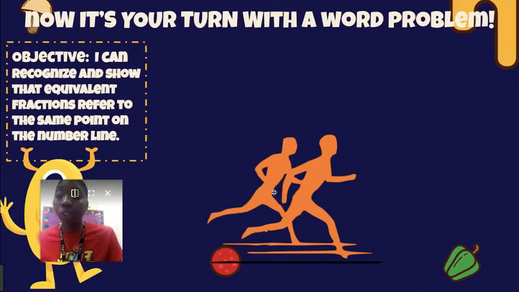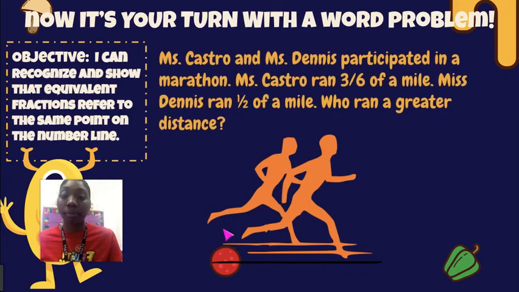So now it's your turn. Let's take a closer look at your word problem. Miss Castro and Mrs. Dennis participated in a marathon. Miss Castro ran 3/6 of a mile, and Miss Dennis ran 1/2 of a mile. Who ran a greater distance?